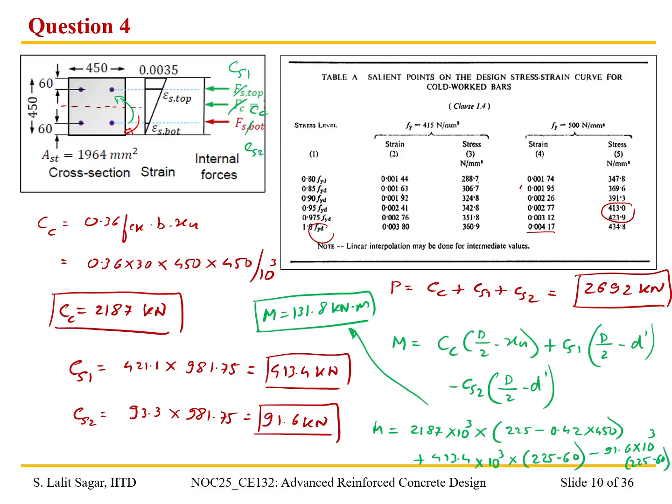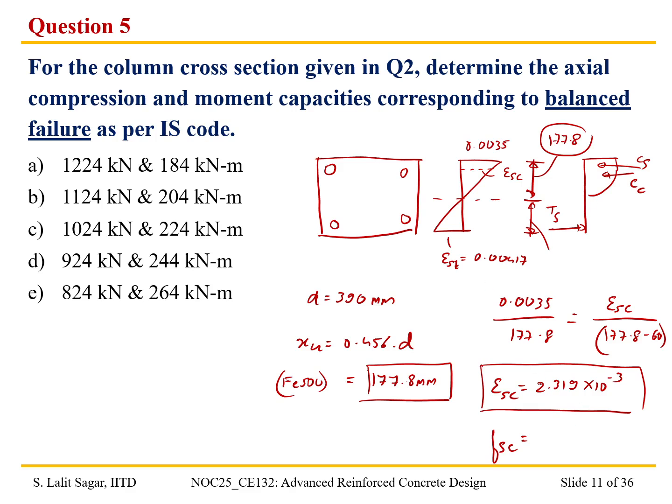It has to lie between these two values, that is 391 and 413. So I'm getting a value of 393.85 MPa.